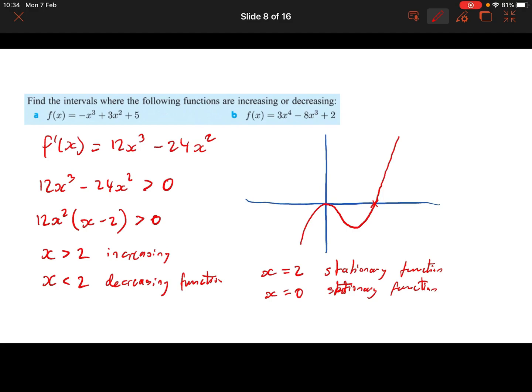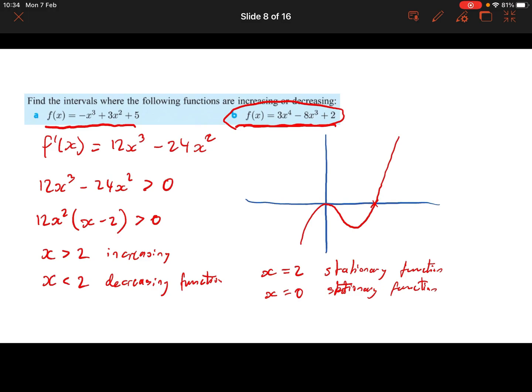If you wanted to just check that, do it yourself. Put these functions into Desmos and have a look and check that we're right. So, for example, check that my gradient is increasing when x is bigger than 2, decreasing when x is less than 2, and it's 0 at x is 2 and x is 0. And then you might understand how that can happen with both, okay?